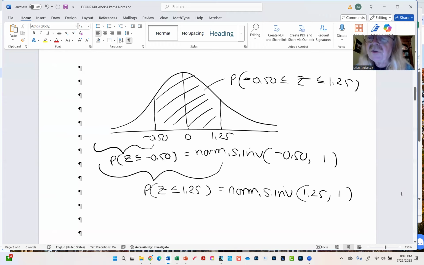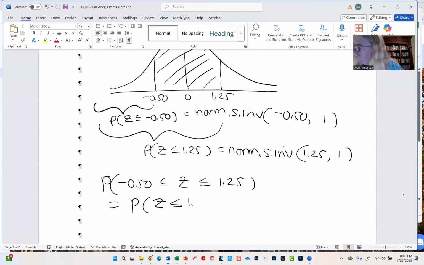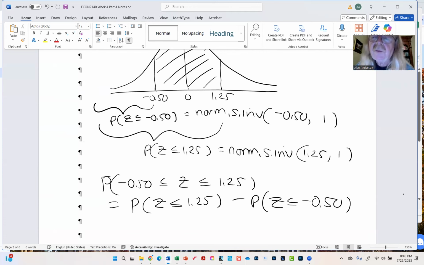And so what I'm going to do is subtract. Algebraically, all I'm doing is subtracting one area from the other. What's left over is the part in between.